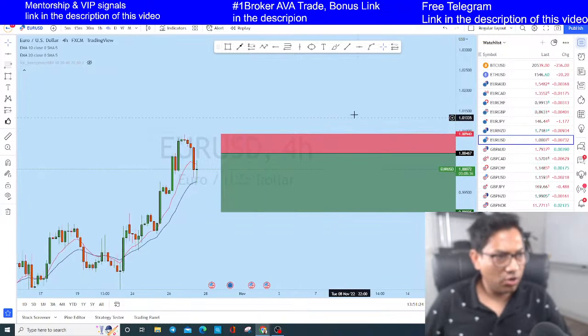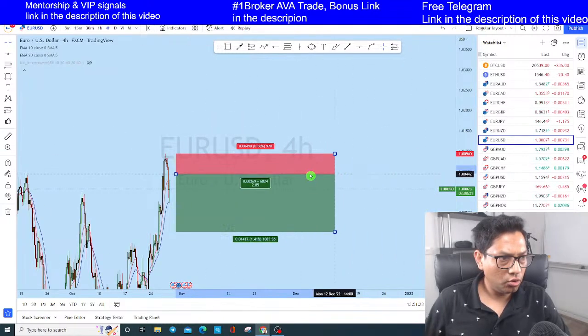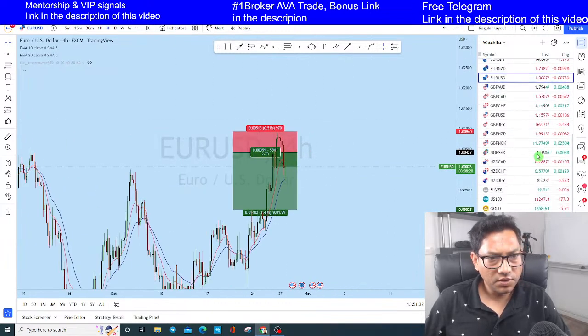Tomorrow is the last day of the trading week, and I don't think that euro dollar will be able to go up to break this resistance level.